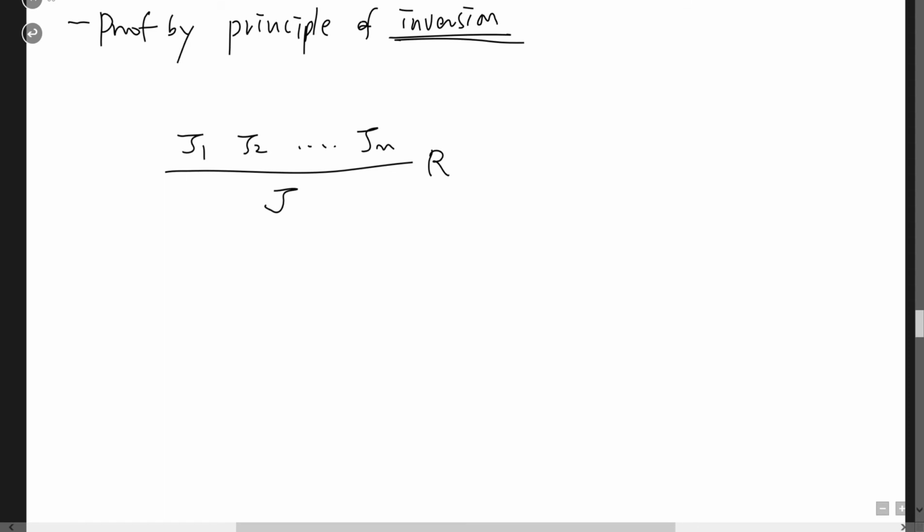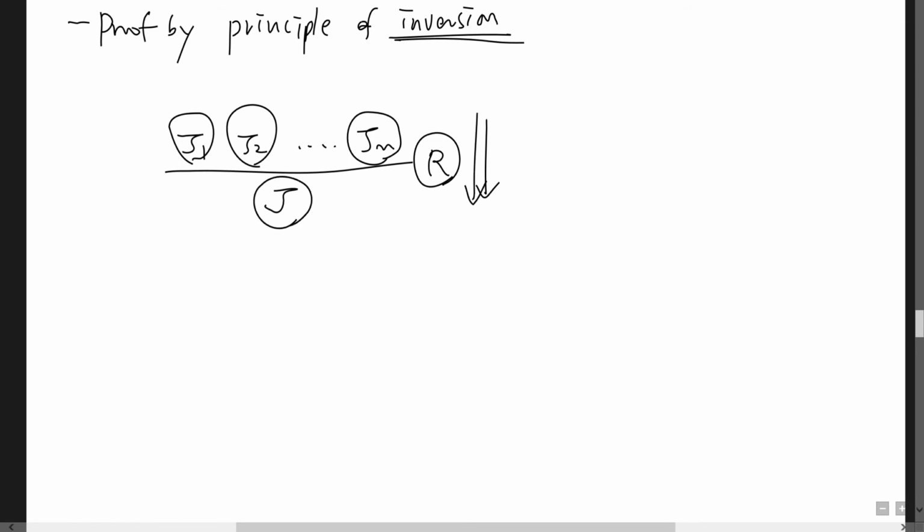The conventional way of interpreting this rule is we read this rule in the top-down direction. That is, if we have proofs of these premises, then we apply this inference rule, and then we build a derivation tree for the conclusion judgment J.